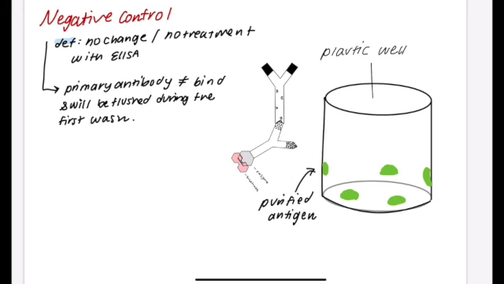This could be found when patients have no known case of COVID, so they don't have any COVID antibodies. As we see, our purified antigen won't be able to connect to our primary antibody, as seen here, and therefore we won't see any connection because there won't be any binding.